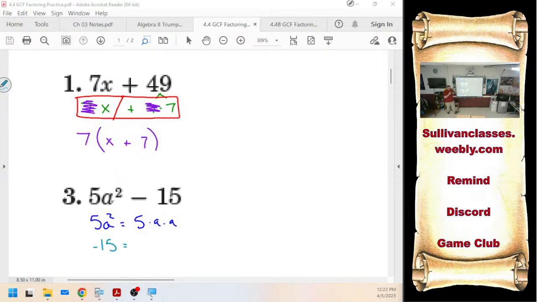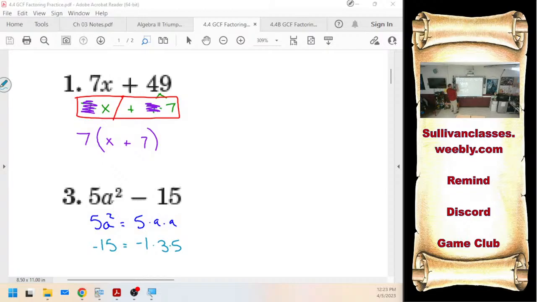Do you remember what we did with negatives? We only saw it like 2 or 3 times. Okay, what times what makes 15? So I know there's a 3 and a 5. Where's that multiplication chart then? I don't know. We better find it. If it's a negative 15, what I'm just going to do is put a negative 1 in front of it. Right? Anything times a negative 1 is the opposite sign.